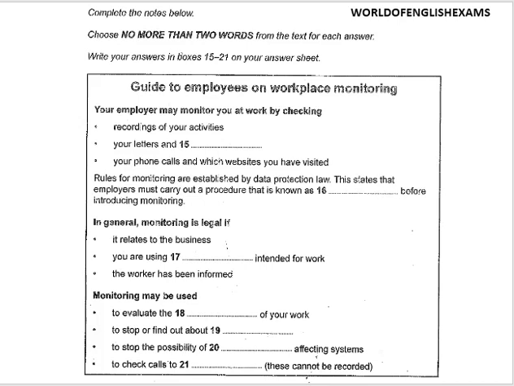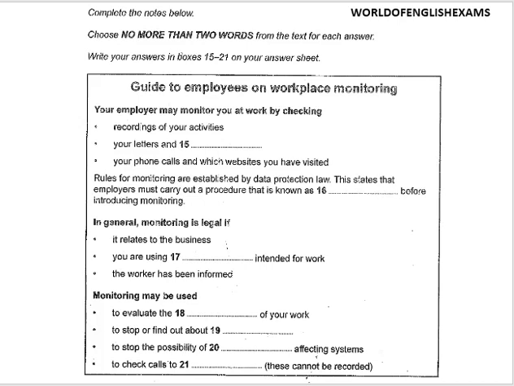Here the word count says choose no more than 2 words. So no more than 2 words indicates that the maximum limit for answering these questions is 2 words. But that does not mean that every answer should be a 2-word answer. Some answers can be 1 word and some others can be 2 words. Please make sure you're understanding this.